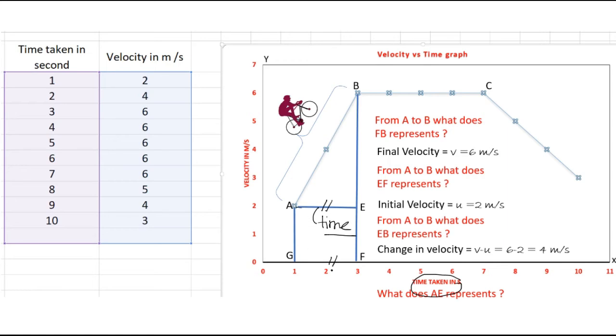So AE represents the total time taken, and that is equal to GF because both are the same length. How much is the total time? 1 second here and 1 second here, so 2 seconds.